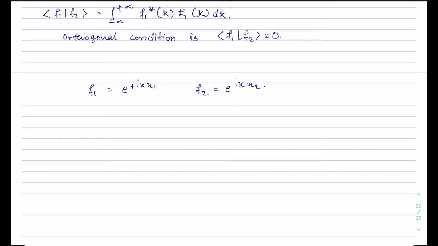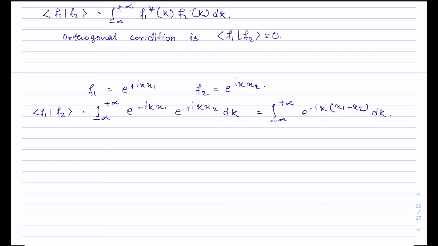So their inner product will be the integral from minus infinity to plus infinity of e to the power minus ikx1 times e to the power plus ikx2 dk. And it will be the integral from minus infinity to plus infinity of e to the power minus ik(x1 minus x2) dk. Or you can represent it as a delta function, and write it as 2 pi times delta of (x1 minus x2).